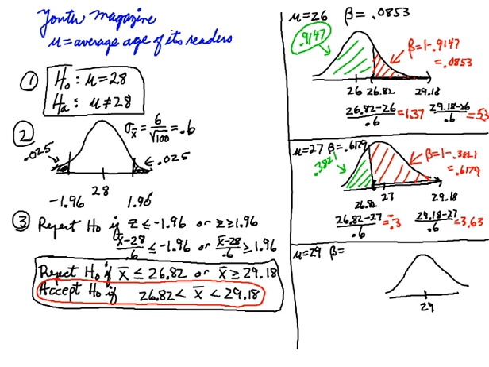Well, the probability of being in the interval from 26.82 to 29.18, what's the probability of being in this interval when the real average is 29?